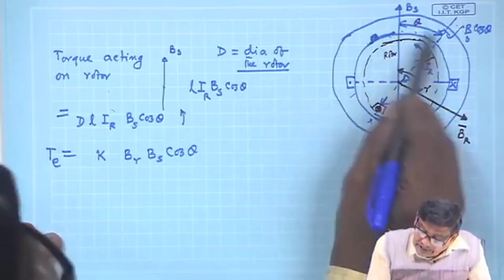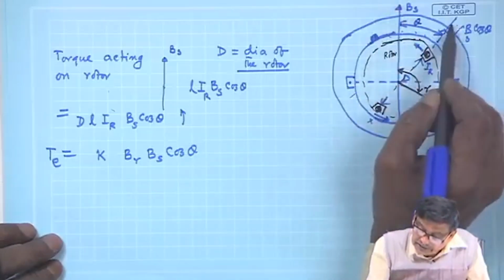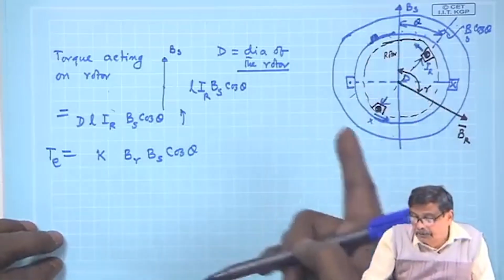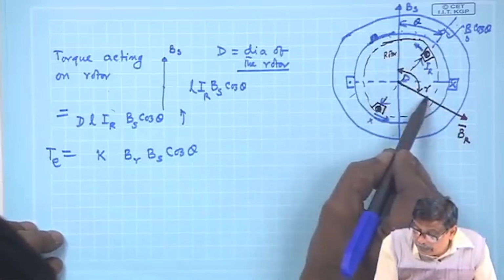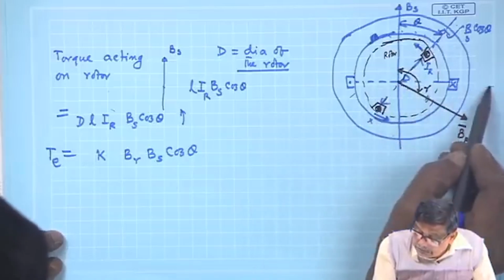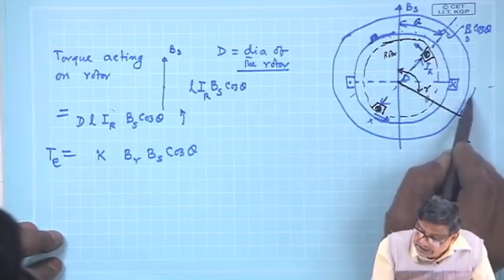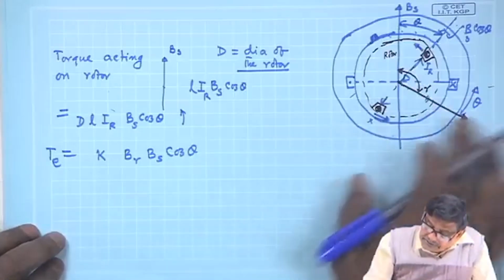If theta is this angle, you note that theta is the angle between this line and this line. So, theta will also be the angle between their perpendiculars. This is perpendicular to this line and this is perpendicular to this line. Therefore, this angle too will be theta.